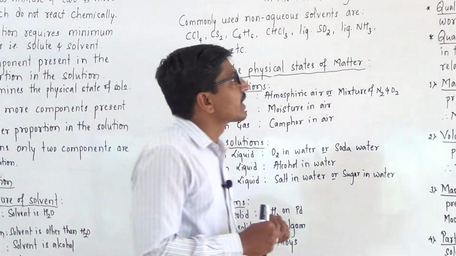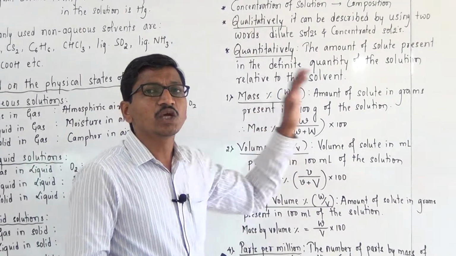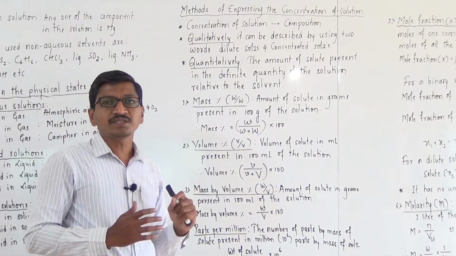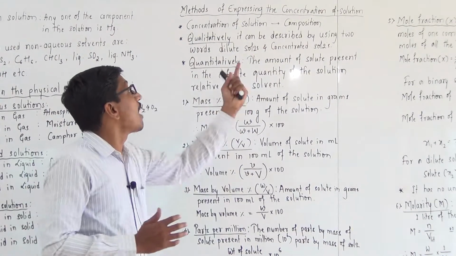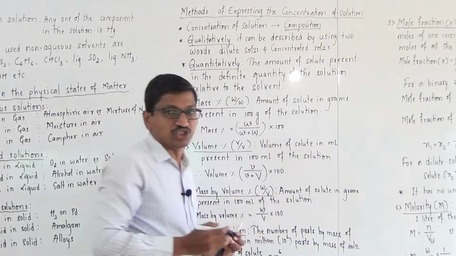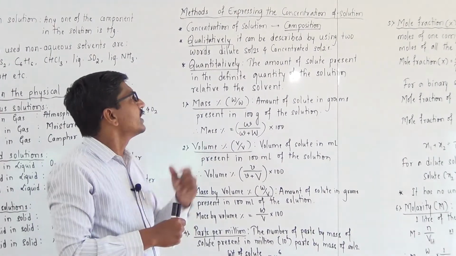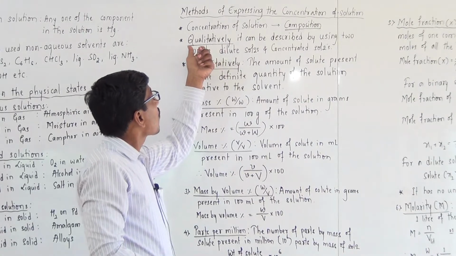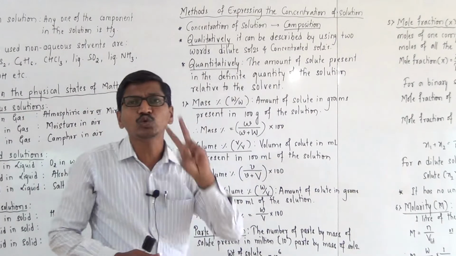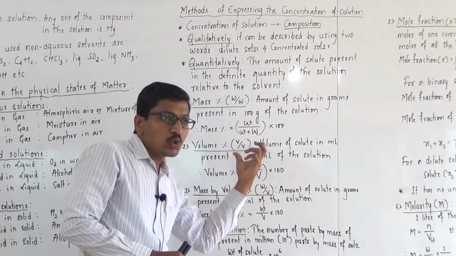Next, coming to methods of expressing the concentration of solution. The concentration of solution means describing its composition. Initially, the concentration of solution was explained by a qualitative method, and qualitatively it can be described using two words, dilute and concentrated.